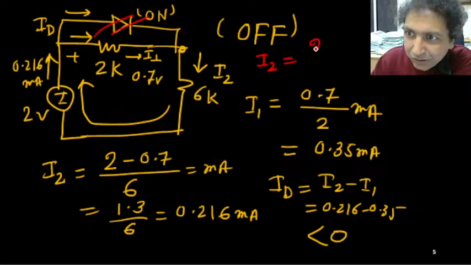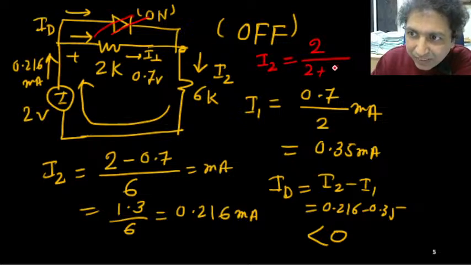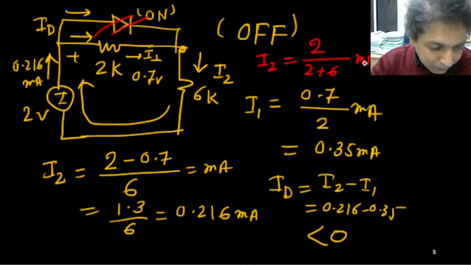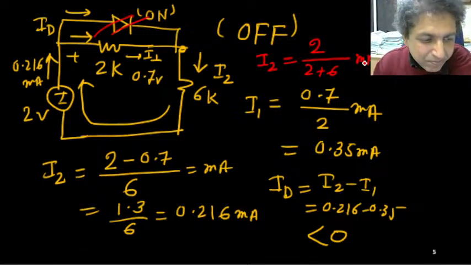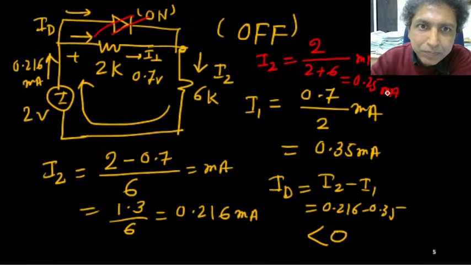Current will be 2 volt upon the total resistance 2 plus 6, that is 1 upon 4, meaning 0.25 milliampere.